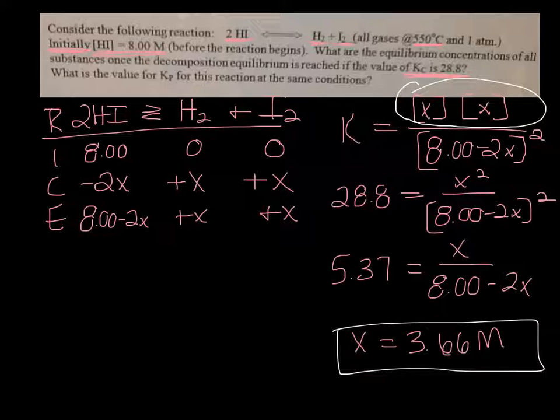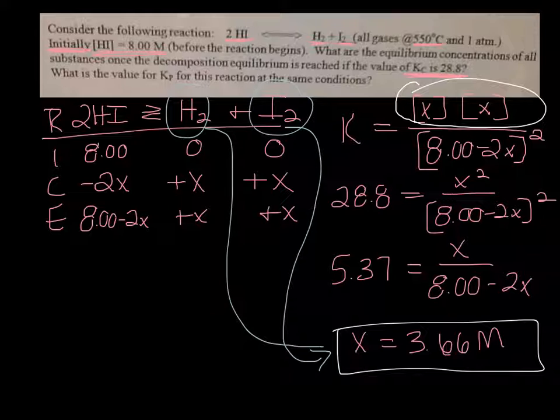And now I need to find the concentration at equilibrium. So both hydrogen and iodine now have a concentration of 3.66 molar. What happened to my concentration?